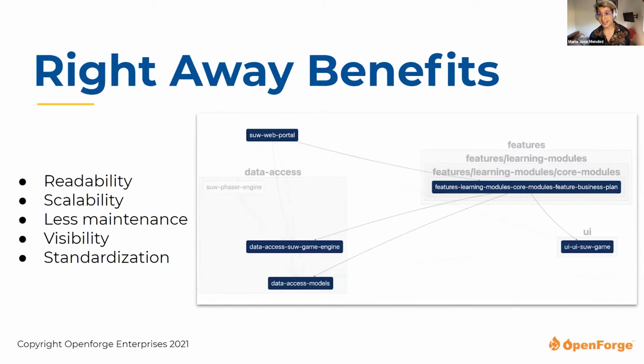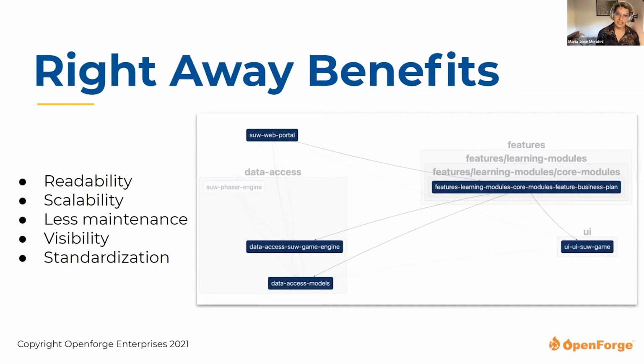We were maintaining 3 repos, and now we just have 1. If I want to change a model, I just need to change 1 file. If I need to change 1 component, I just change 1 component. It's not 3 different components doing the same stuff in 3 different repositories.